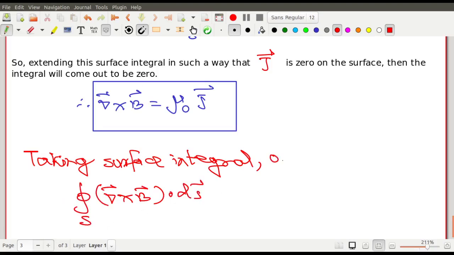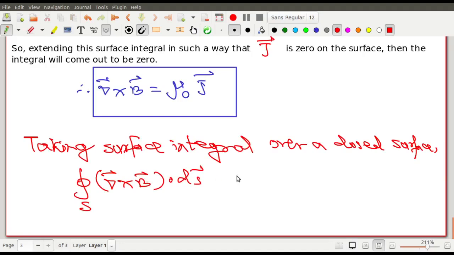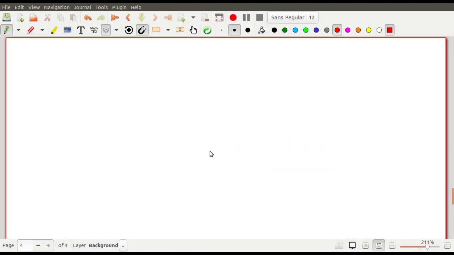So curl of B dot ds is equal to mu 0 times J dot ds. So I take a surface integral over a closed surface.